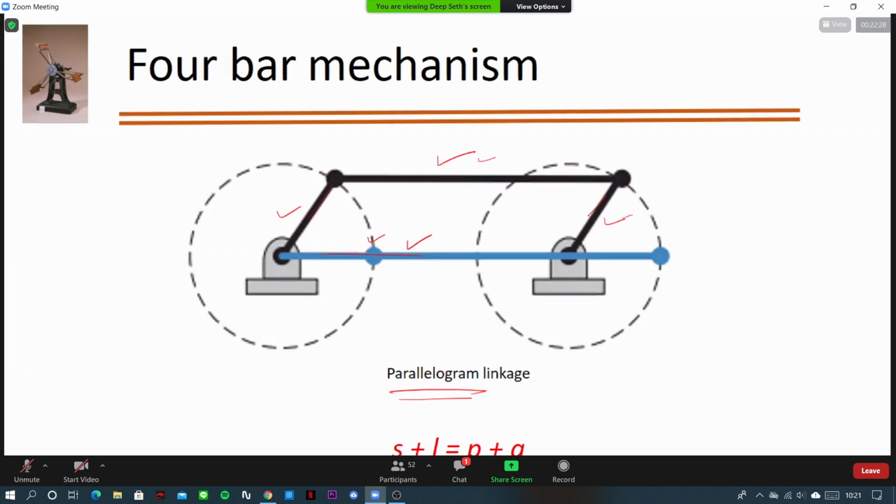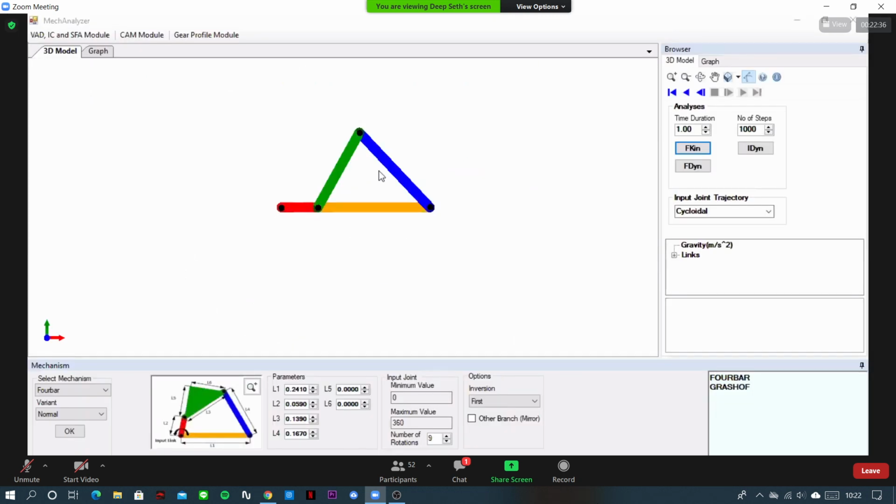I have to share my screen again. So this is the screen. Yes, here you are seeing a 4-bar mechanism. This is a software called Mech Analyzer, and I'm using this to explain how different mechanisms work.